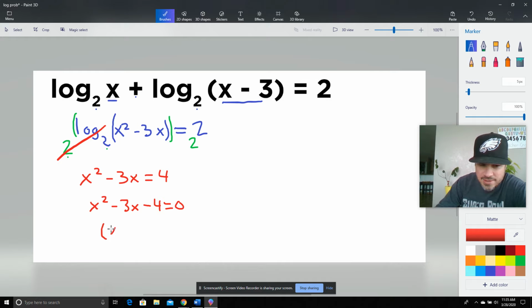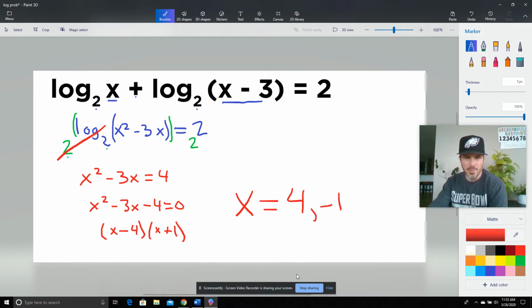So we get x minus 4 and x plus 1, which gives me that middle term, which means that x will be equal to 4 or negative 1. Okay? So we have 2 inputs that could create this, right?